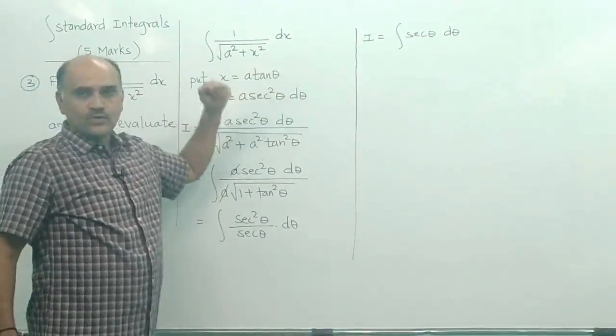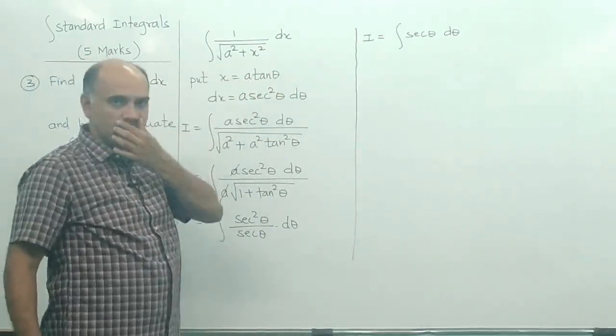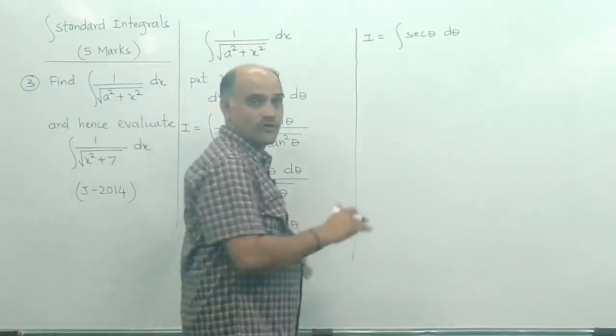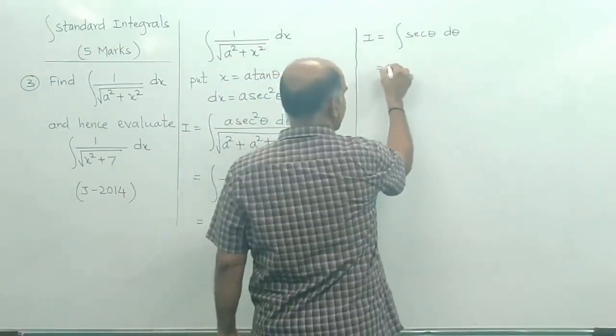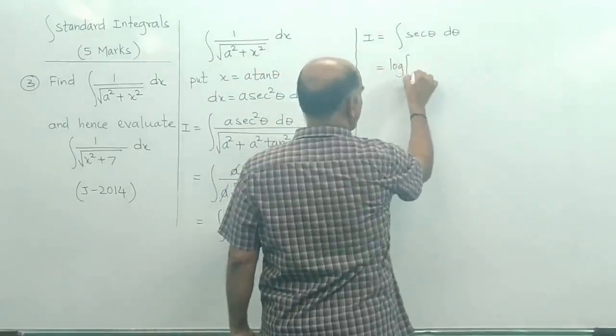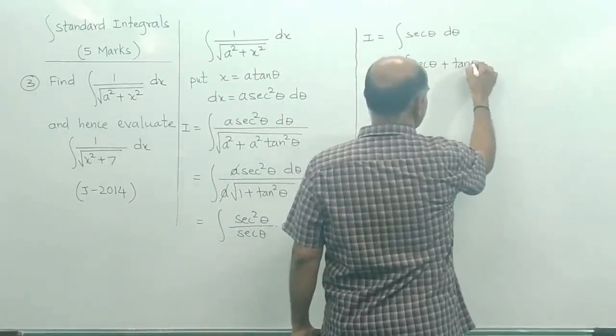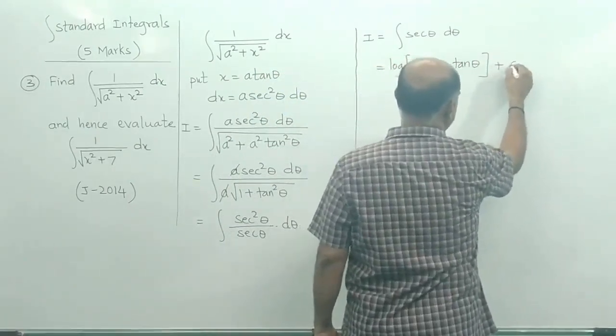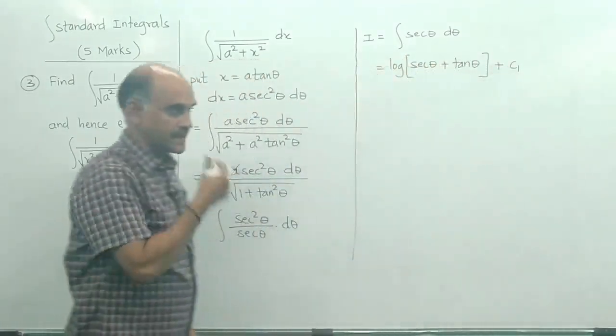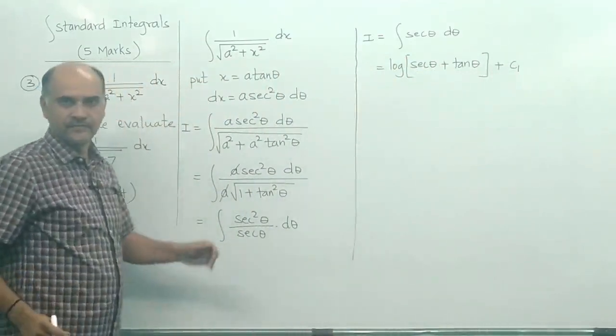Again similar to last problem, integration of secant theta is log of secant theta plus tan theta. So log of (secant theta plus tan theta) bracket complete plus c1.